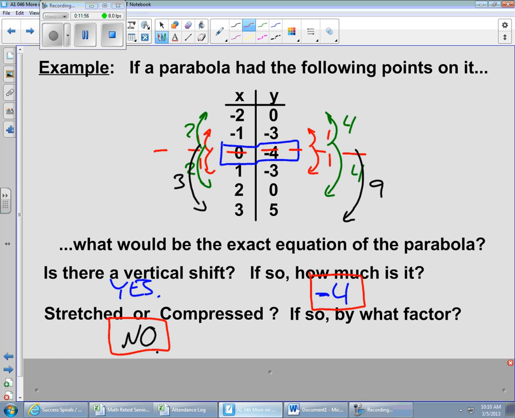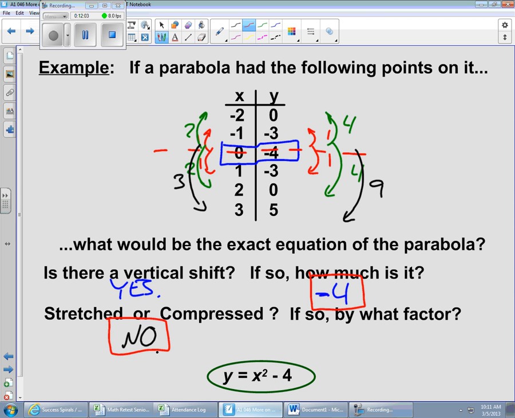Y equals x squared. There's just 1. So if there's no change, then our equation is y equals 1 x squared. And there's that vertical shift that we discovered, -4. That is the exact equation that will bring us a parabola that contains these points.